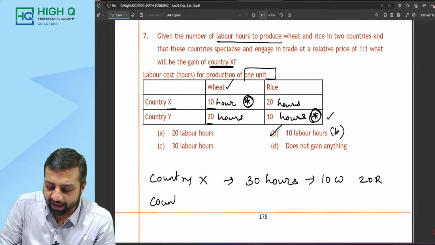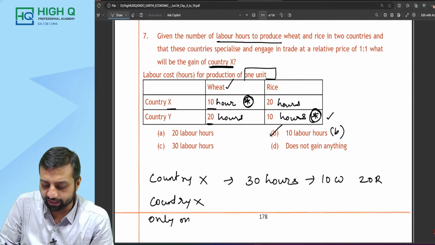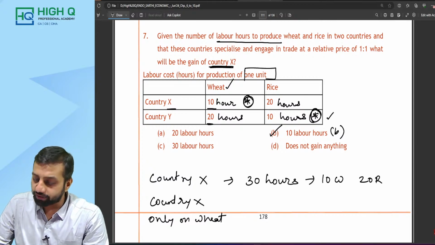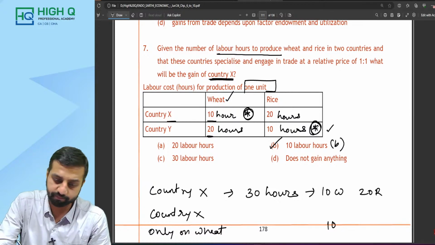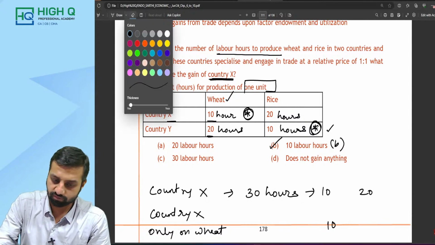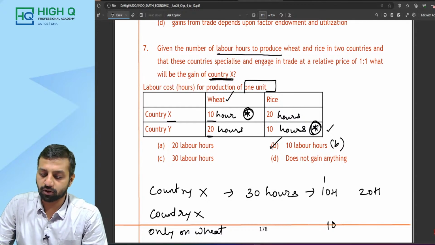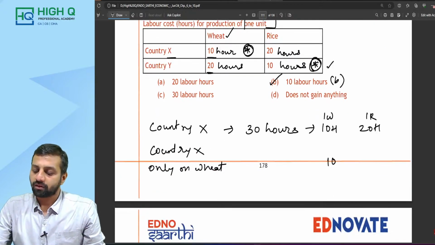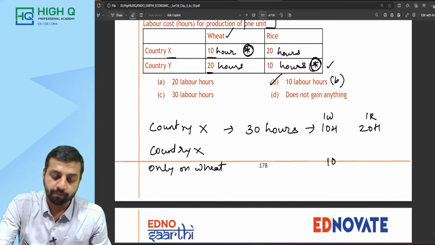Now country X will focus only on wheat. This is for one wheat, one rice. So focus will be only on wheat. Yes or no, Faridul?